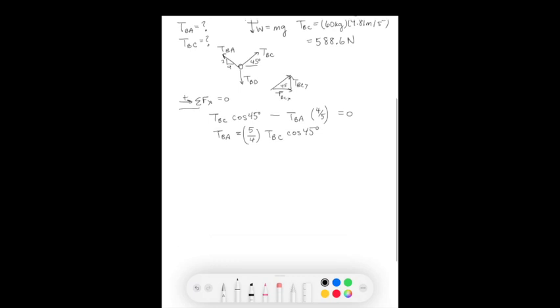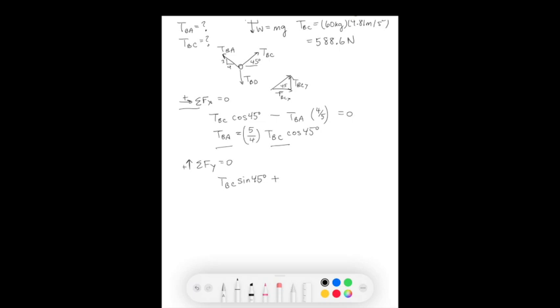Okay, now we still have two unknowns. We don't know how to solve that, but we do have a second equation. We can set the sum of the forces in the y direction equal to 0, and again defining upward as the positive y direction. So look at the y direction, we have three forces. So in the upward or positive direction, we have TBC, and we need just the sine of that.